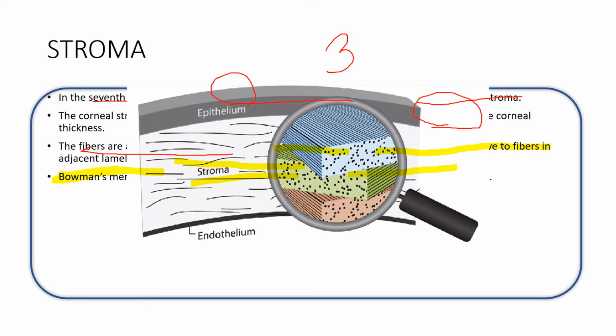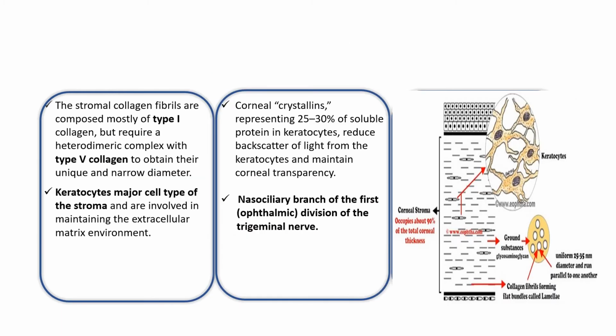Now this is the diagram. As we can see, these lamellae are arranged in a parallel fashion and at angles to the adjacent lamella. This lamella is at an angle to the one below, and that lamella is at a certain angle with the one below it. Right.